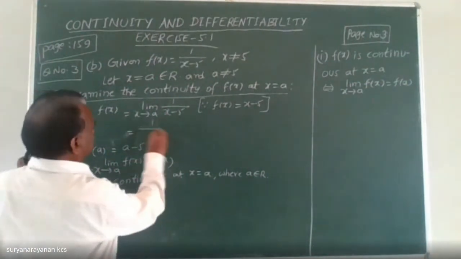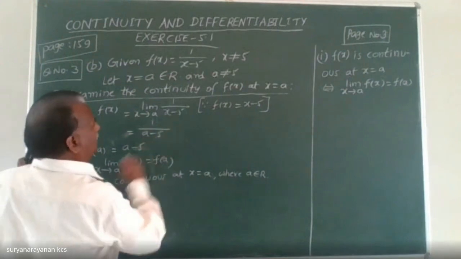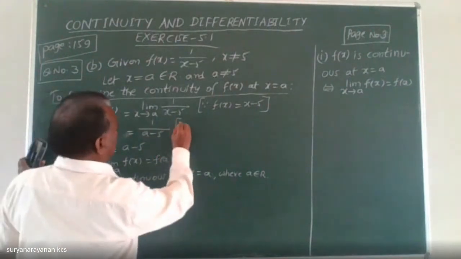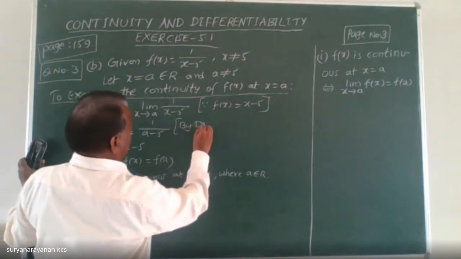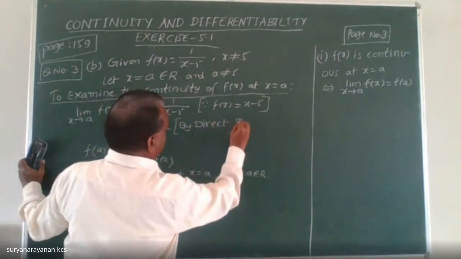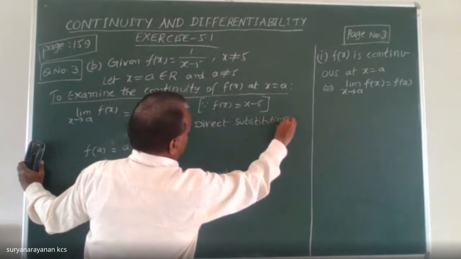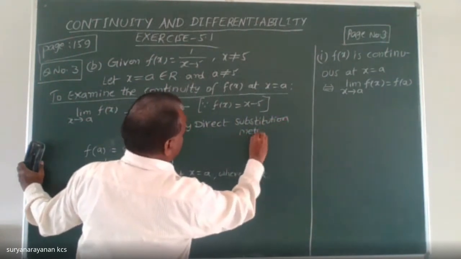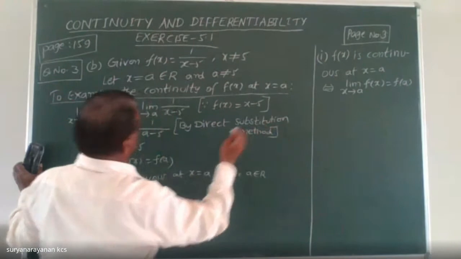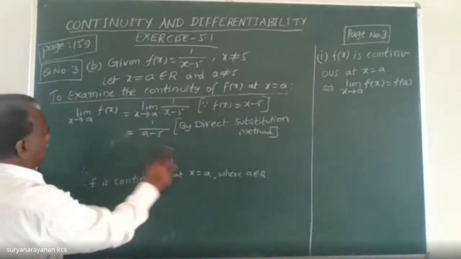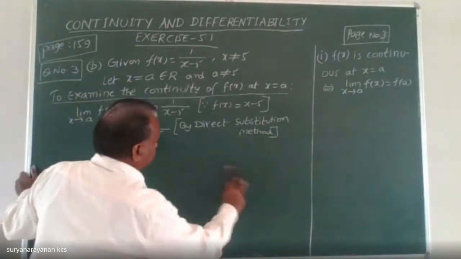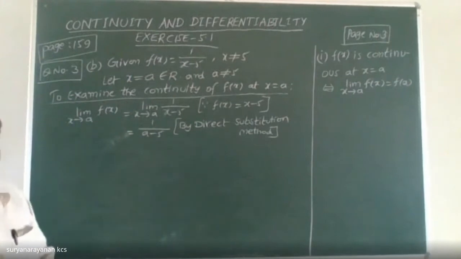One by a minus 5, by direct substitution method. We found here the limit of this function as x tends to a.